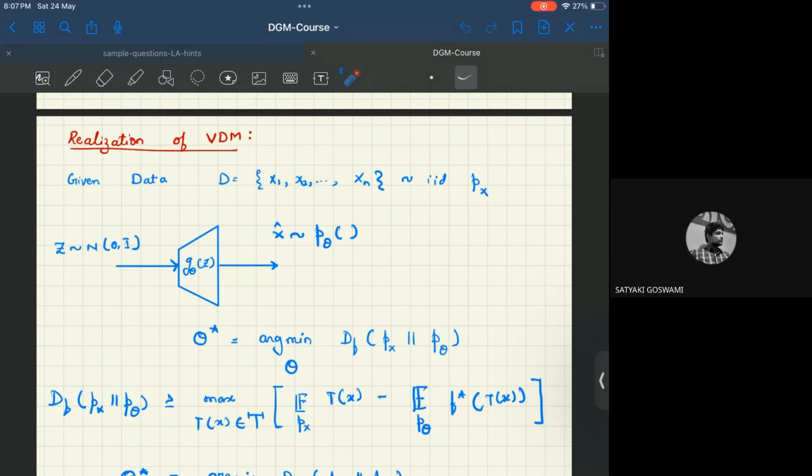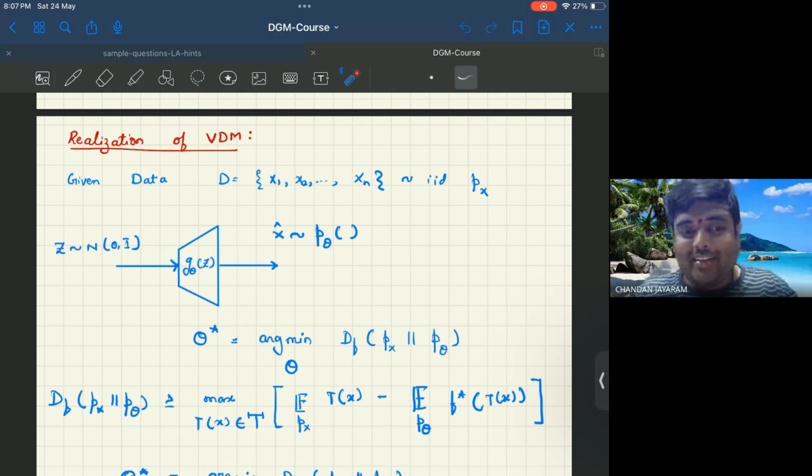Okay, sir. One last small question, because I didn't get the chance to dwell further. Go ahead, no problem. I was skimming through the implementation of VDM, and then I came across the discriminator. You haven't started with GAN, right?